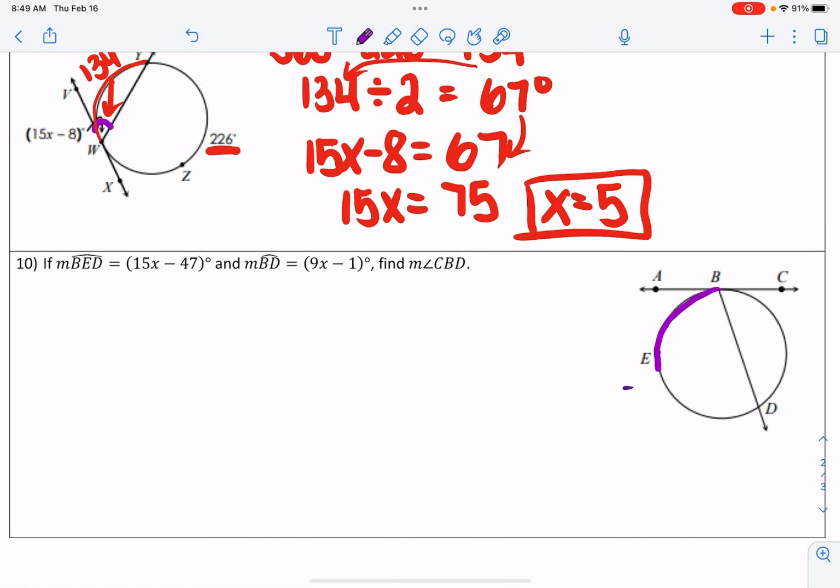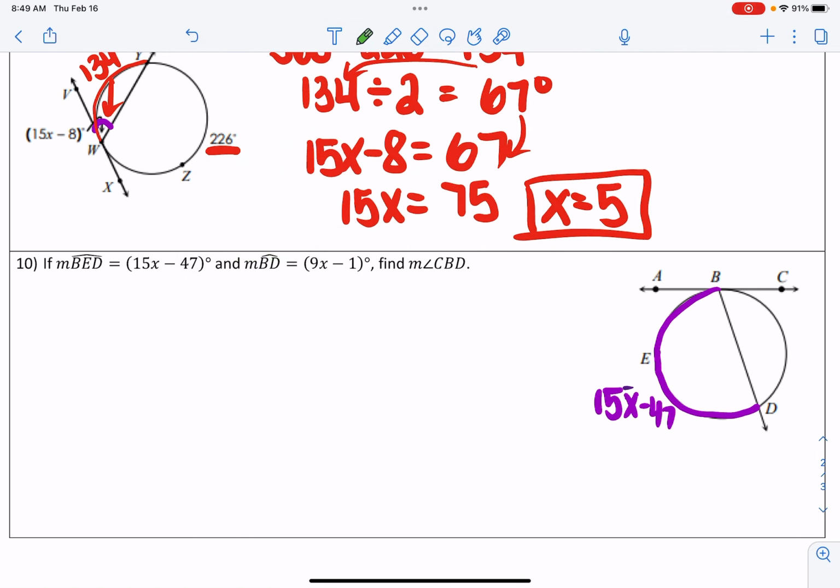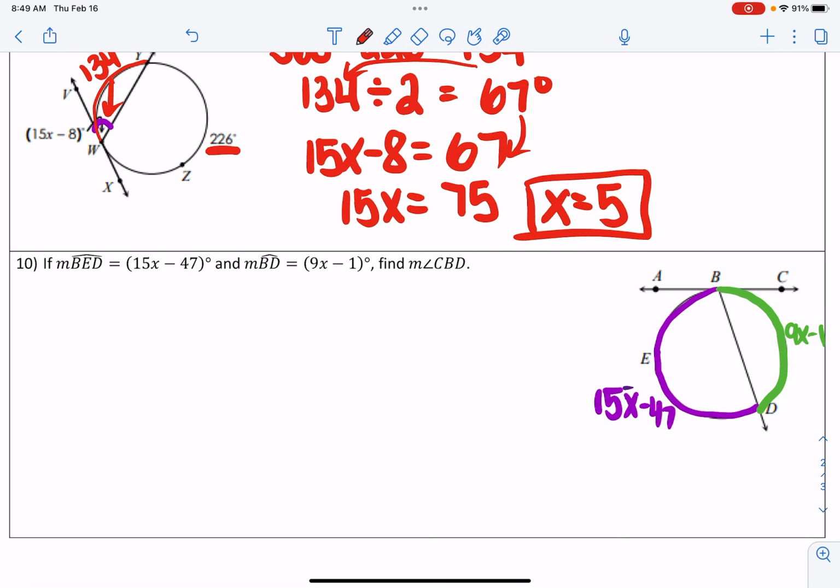B, E, D, is that right there? It's 15x minus 47. And then BD is 9x minus 1. Okay, and you want to try and find the measurement of CBD, which is this angle right here, okay?